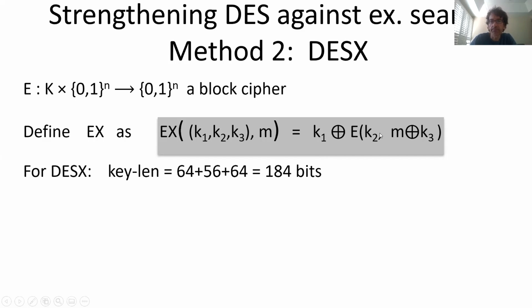If you treat E as a black box that uses K2 to index which of the 2 to the 56 random permutations, in the case of DES, it will instantiate, and then you process your plaintext by a simple XOR with another key, and you take the ciphertext and again simply XOR it with another key, then for every choice of K1, K2, K3, interaction with this box is like interaction with another random permutation.